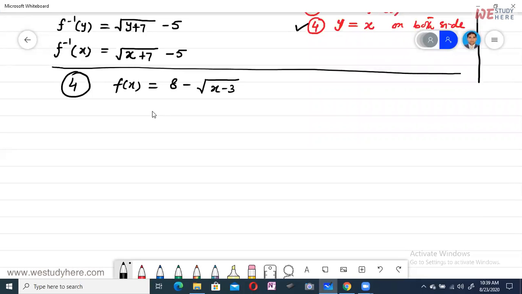Okay, one thing here, all the domain values given here, as with this x greater than or equal to 3 is given, and in the other question also some domains are given. Why is it giving us this? Look, if x is less than 3 inside the square root, then inside the square root will come a negative number, and a negative number inside the square root will be an imaginary number, not a real number.